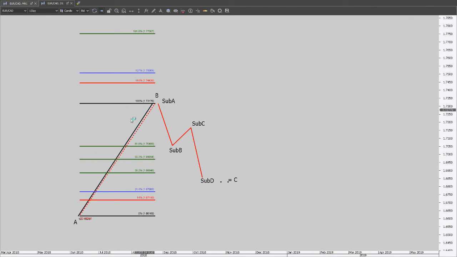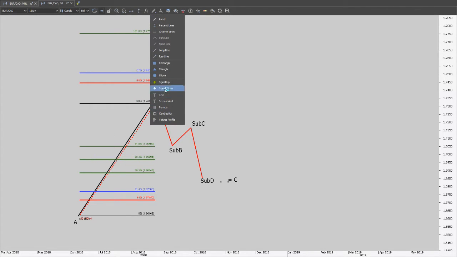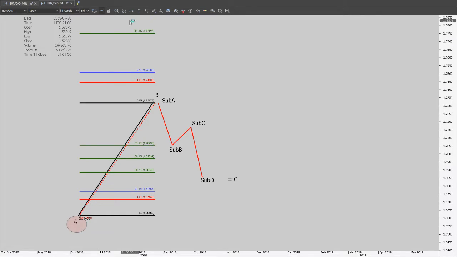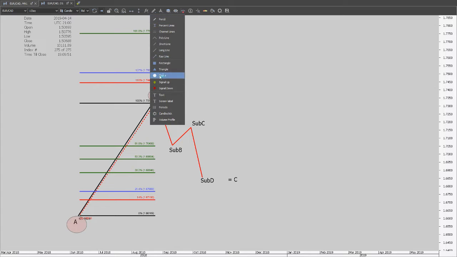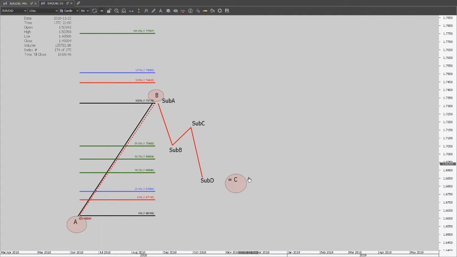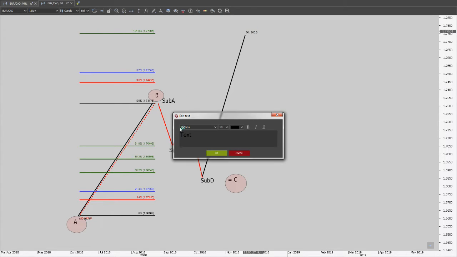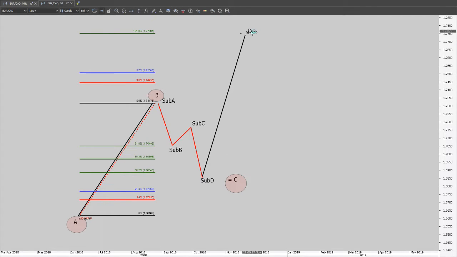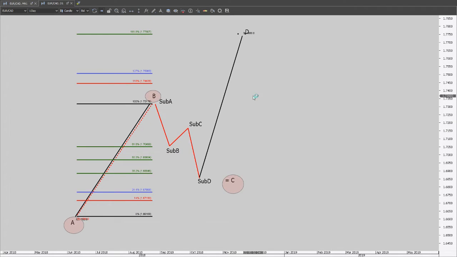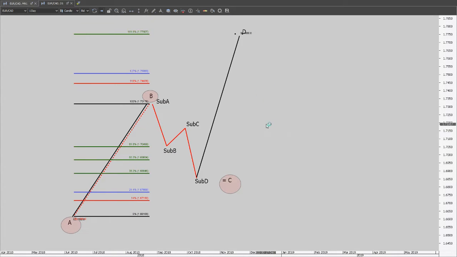So we have the A, we have the B, capital A, capital B, so this is the A, this is the B, now this is the C, and if green goes to green, and this is the sub D, we can project our D extension, which is up in here. So this is the D. And we have the A, B, C, D, capital A, capital C, capital B, capital D of the original Fibonacci.